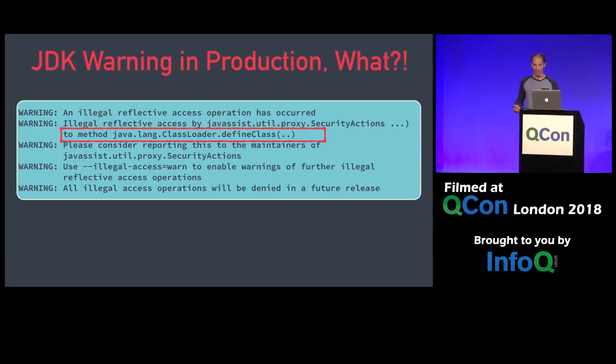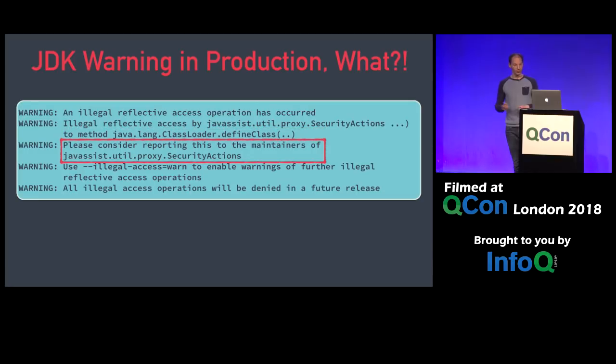Now, apparently, this is no longer a good idea because, well, it's a private class which you shouldn't actually use. So Java Assist must change. So the first thing the warning says is, please consider reporting this to the maintainers of the library, in this case Java Assist. And actually they fixed this. So a lesson here is, if we would have upgraded to the latest version of all of our dependencies, we wouldn't even see this issue.